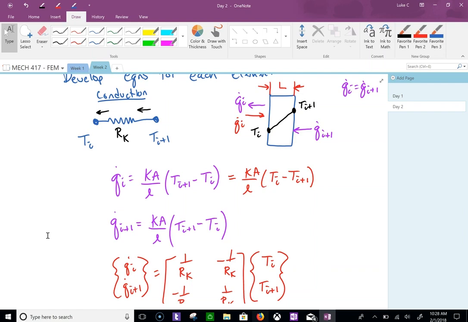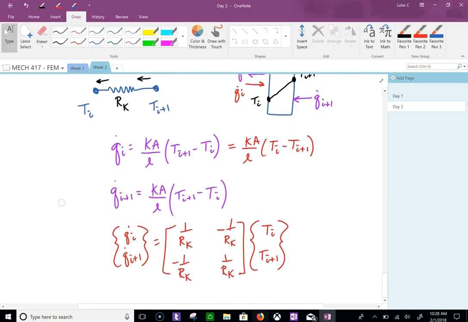It's the same equation because we know that Q dot I equals Q dot I plus 1. They have to because it's steady state, and that's what we're looking at. So for each element, this is what we're going to have to build.